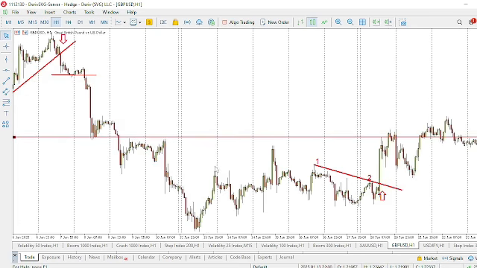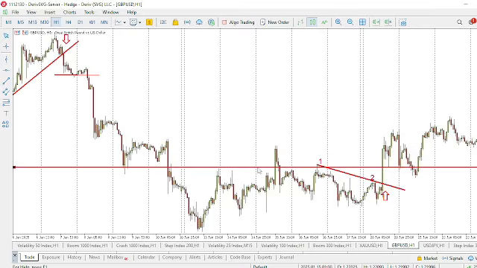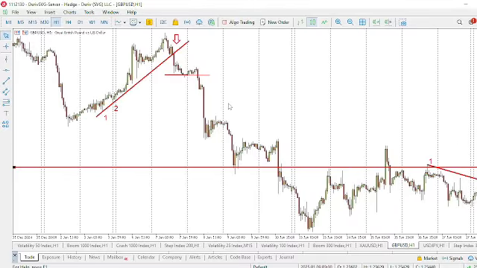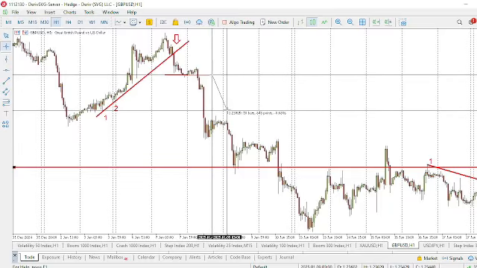Then you see another swing like this, and as it's going down again, you push your stop loss to this place. Before you know it, the price crosses you out of the trade, and then you're looking for another entry, another opportunity. So if you have entered this trade and set your take profit like this, you will come out with 89 pips.